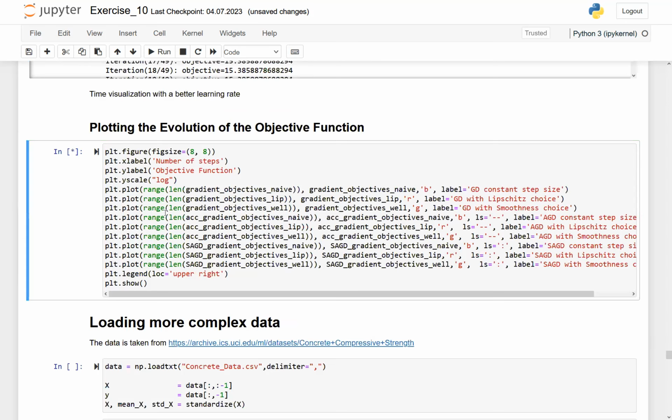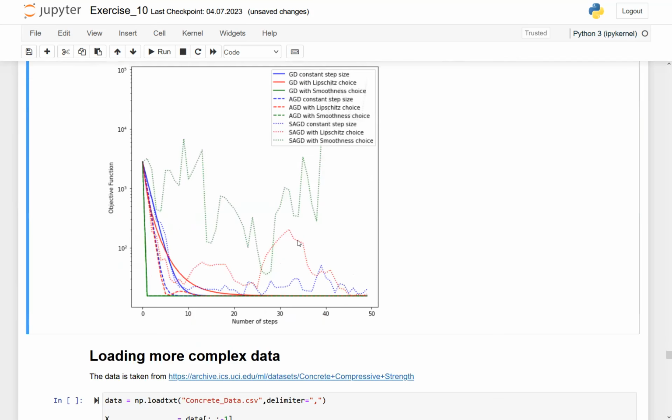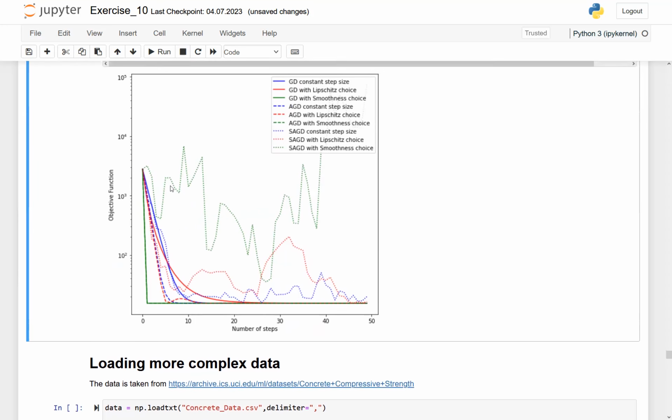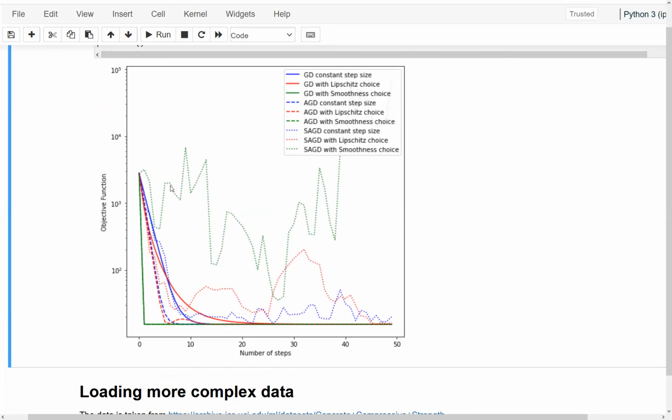And then finally also plot all these objective values into one plot and see the behavior over the number of steps. And it's, of course, no surprise. The non-stochastic variants, which are using the full gradient, go very quickly to the minimum, and all these dashed and dotted lines.